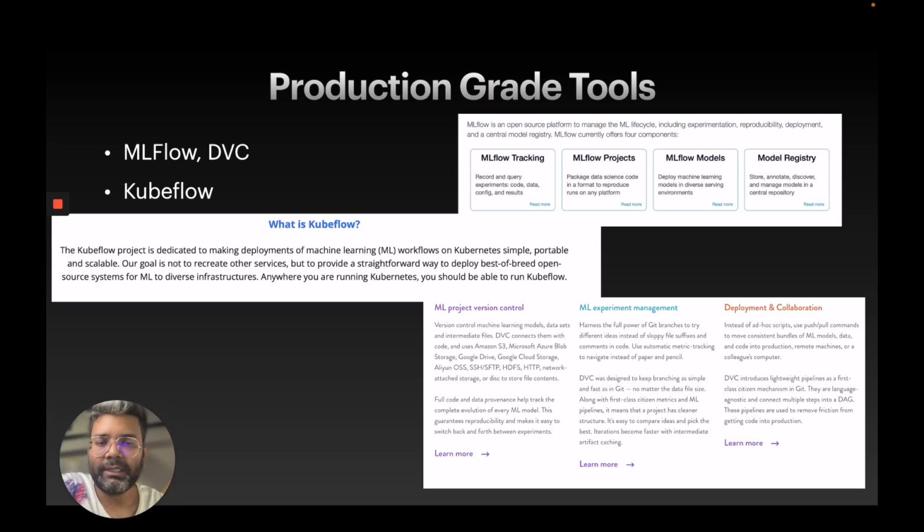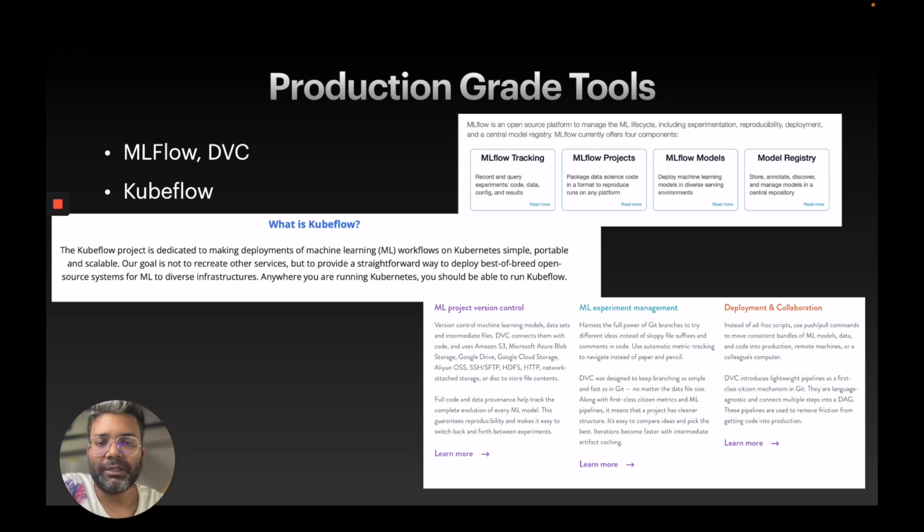So MLflow is, I think, one of the most popular production grade machine learning model development and life cycle management tools. What it does is it has four different components that include tracking, projects, models, and registry, right?